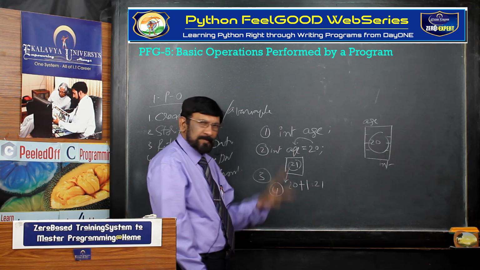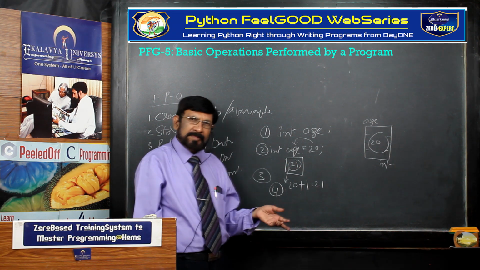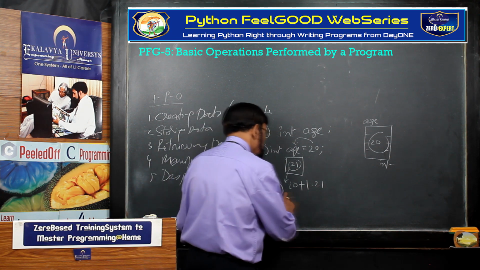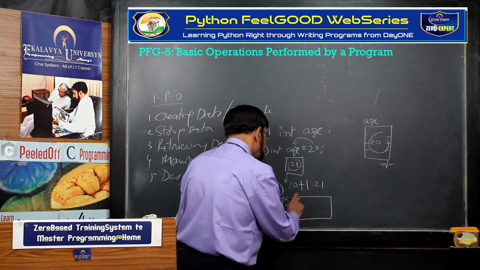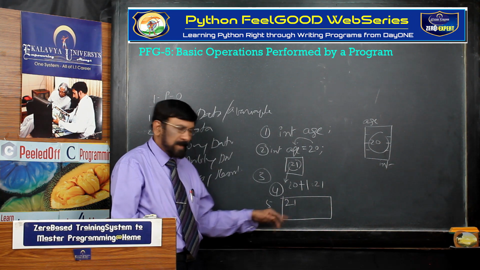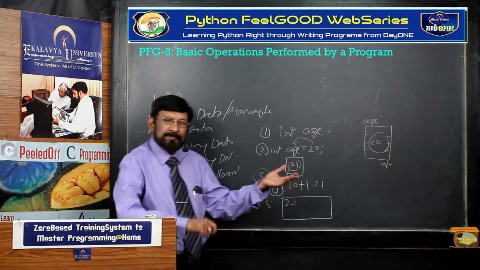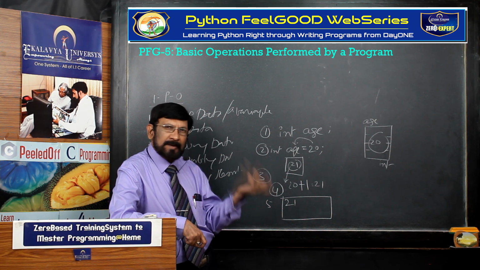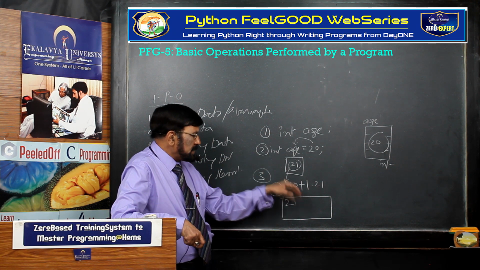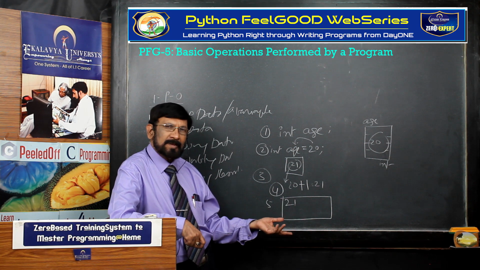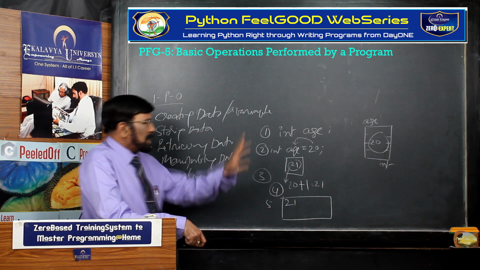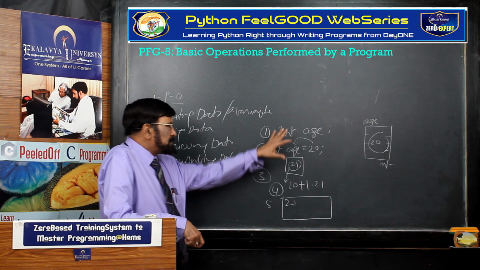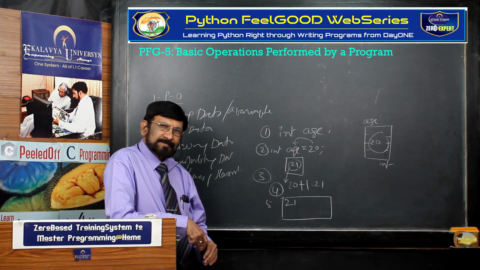So 21 is there in memory, but how can you see that? You have to show it on the monitor screen. Only then can you view what is there in the computer memory. Simply storing in computer memory, you cannot view it. Whenever it is displayed, only then can you know it. So any statement you take from a program performs one of these operations.